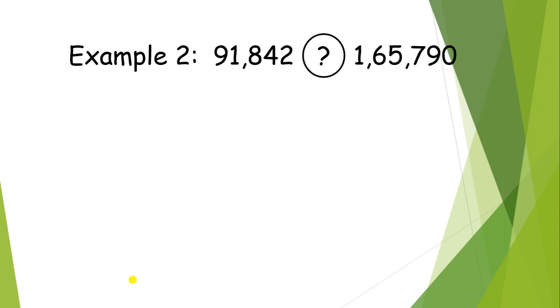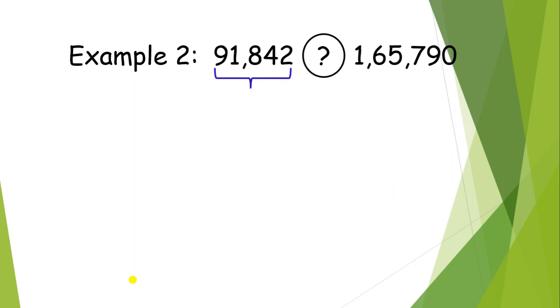91,842 and the second number is 1,65,790. Which one is the bigger number? To solve this, first we need to count the number of digits in both the numbers.